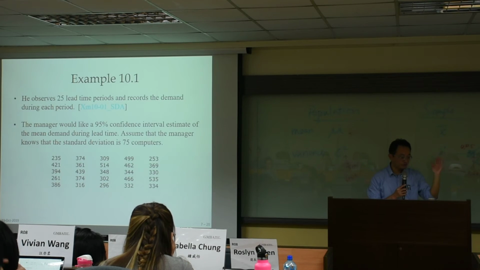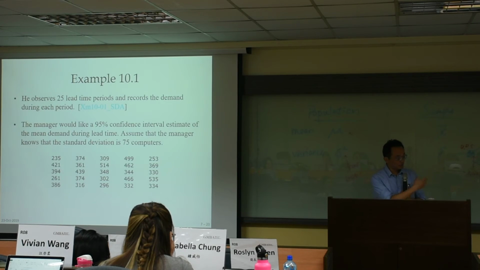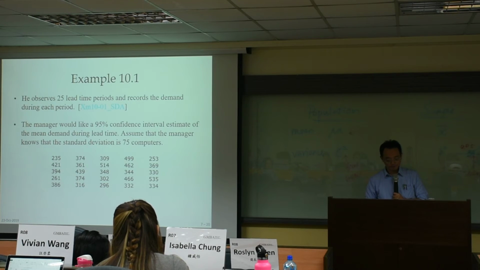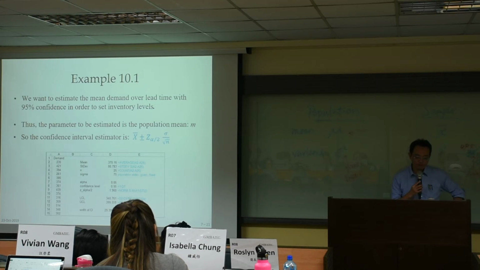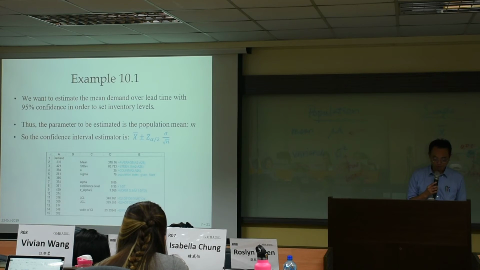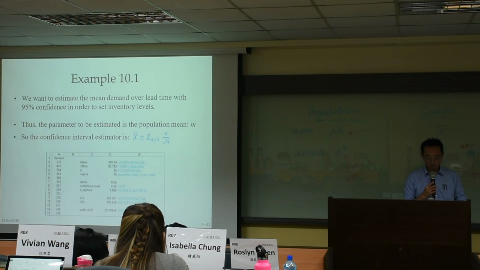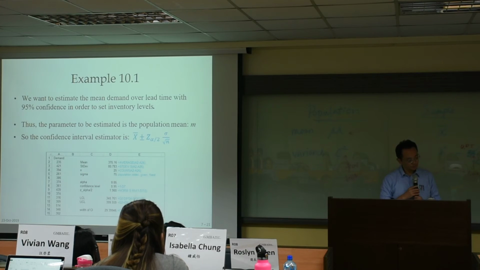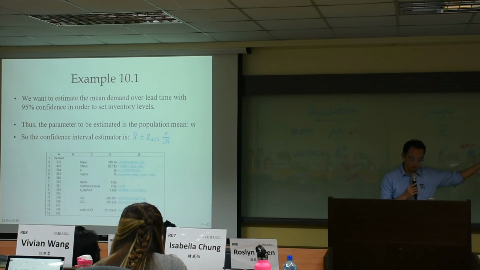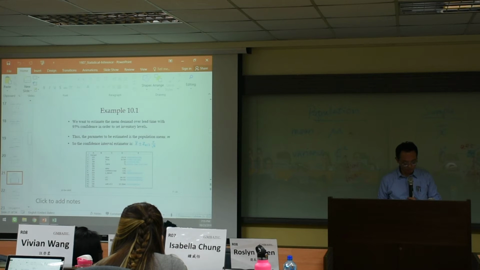So how do we create a model based on these values? We want to estimate the mean demand over lead time with 95% confidence in order to set inventory levels. So we have to estimate the population mean. This is not M, this is mean, sorry.